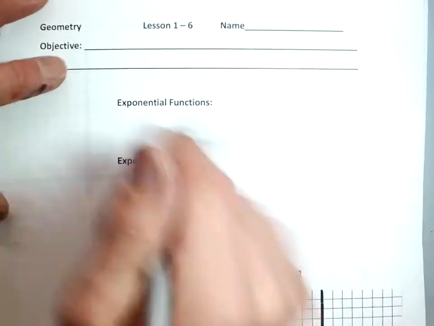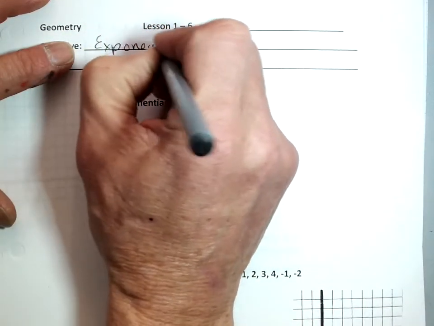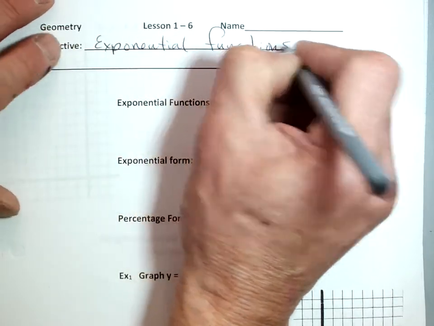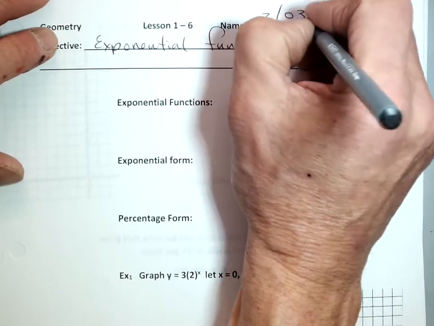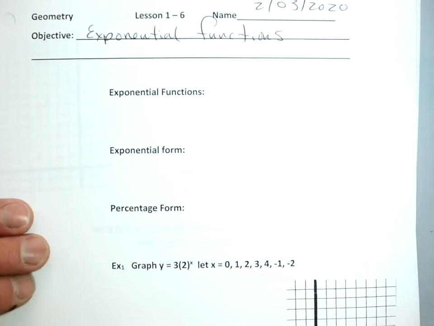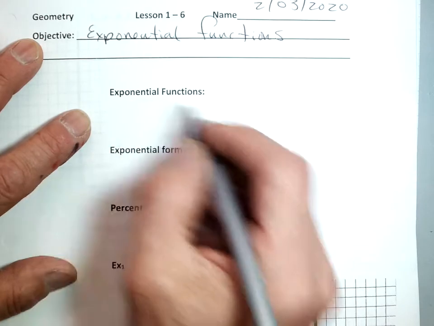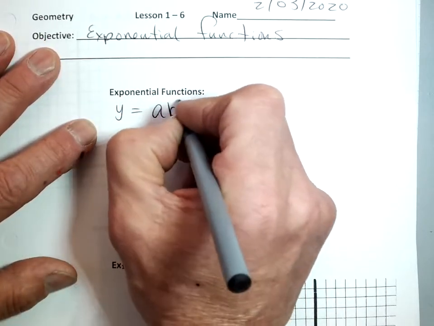Okay, so today what we want to talk about is exponential functions. And it is 2/03/2020, okay? So, exponential function, okay? So let's start, first of all, y equals ab to the x, okay?